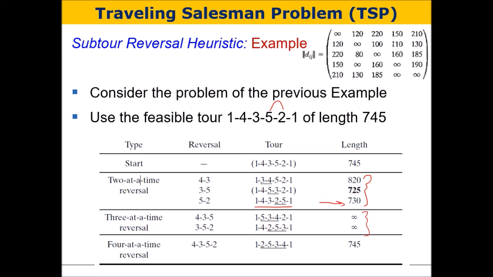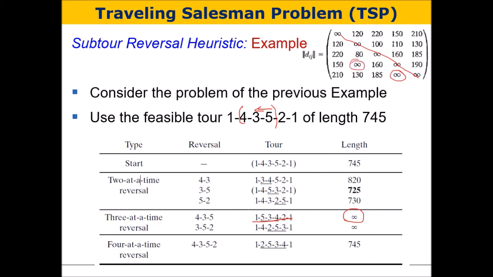Which are they? We can, for example, reverse the order of these three consecutive ones, and instead of 4, 3, 5, we obtain 5, 3, 4, like in this schedule. When you find its total distance, we see that it's infinity, because this diagonal is infinity, and some of the moves are also restricted.